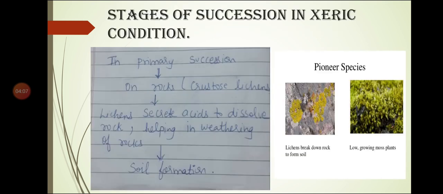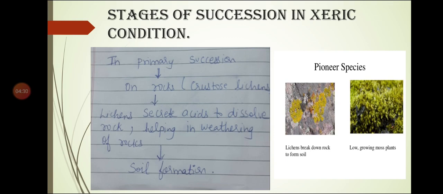Now let us see the stages of succession in xeric condition. When I say xeric condition, in primary succession, it begins on rocks. Definitely xeric condition, dry area, that means in desert area, rocks are present. And on those rocks, what is present?